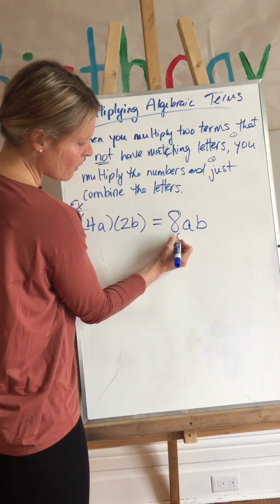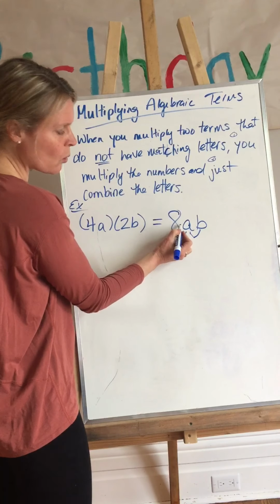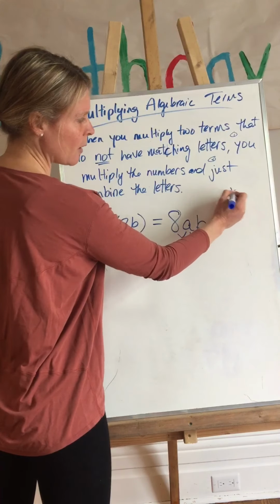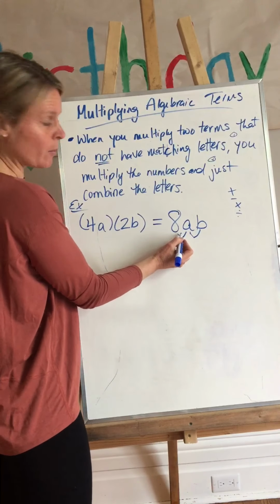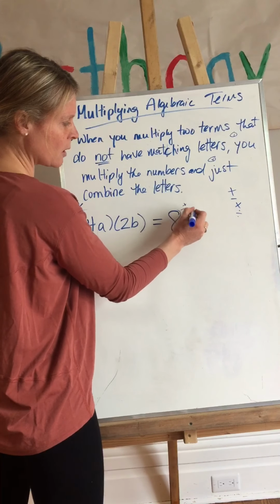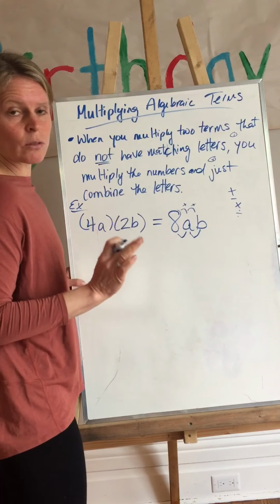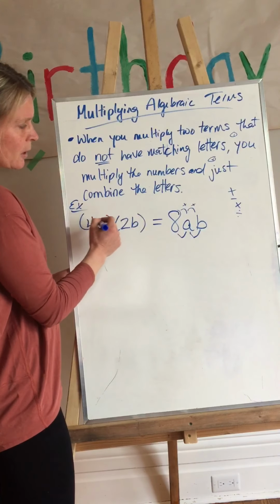When you have numbers written next to letters, with no operation in between, that's telling you that you are multiplying. So between the 8 and the a is multiplication. You just don't write it down. This is how it's typically going to be written.